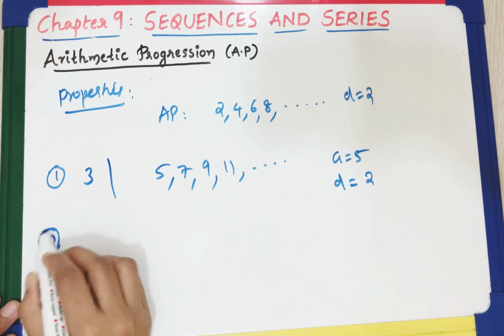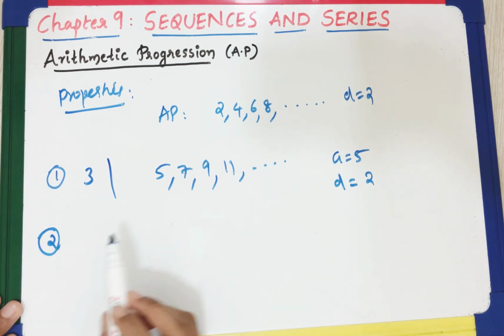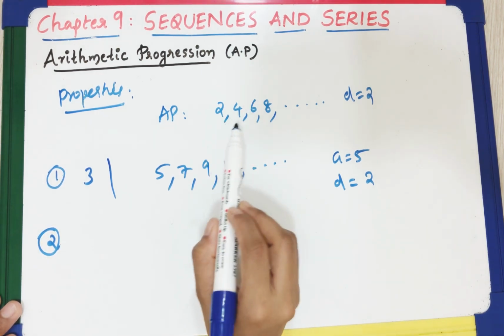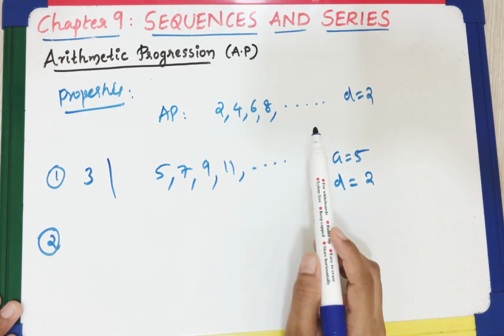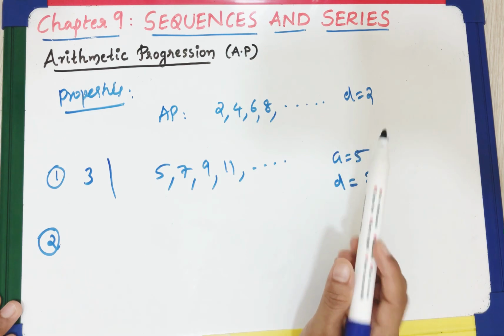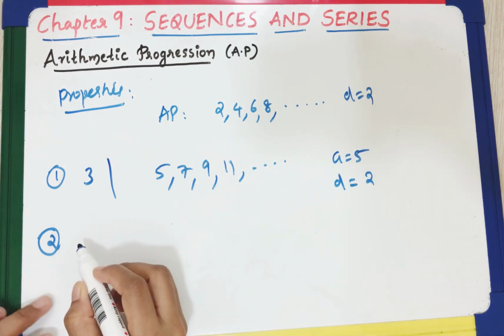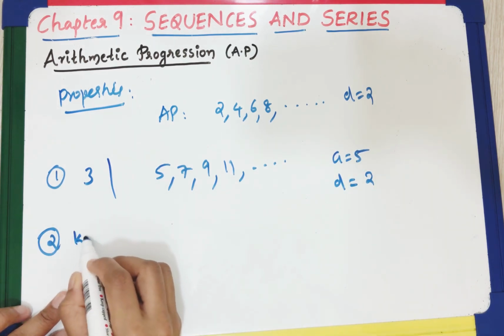The second property is: if a constant is subtracted from each term of the AP, then the resulting sequence will also be an arithmetic progression. Say we consider the constant k is equal to 1.